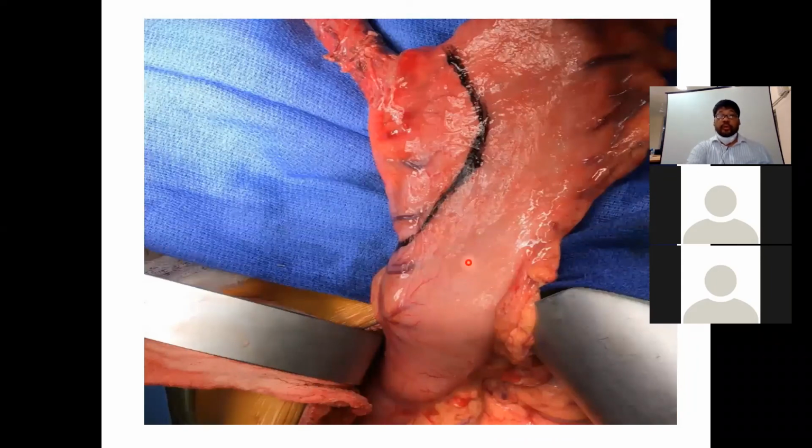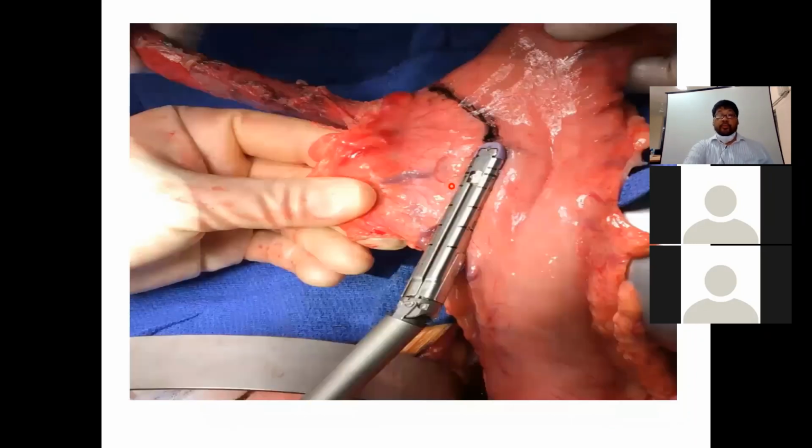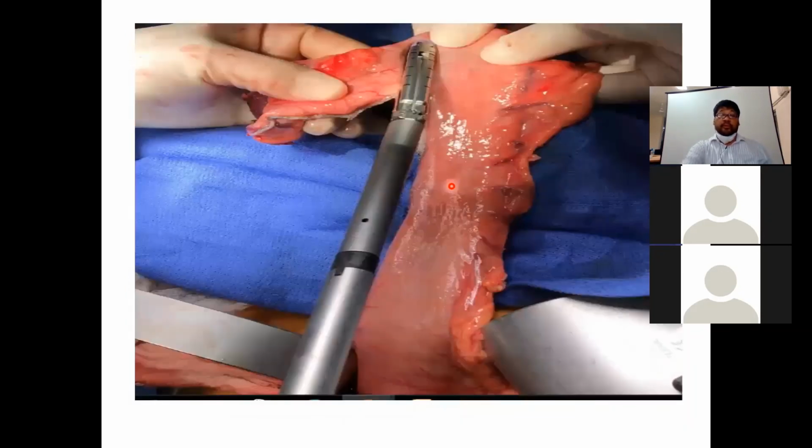So this is the stomach, and this is the marking done. And here this will be removed, and ultimately the stomach will be turned into a tube. So you see this is in the process. So here staplers are used and it is being fired, and ultimately the stomach is converted into a tube.